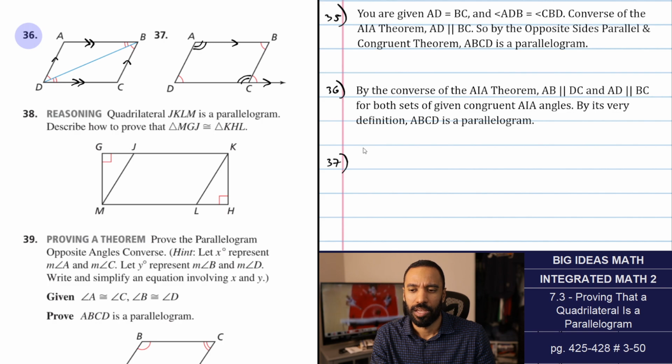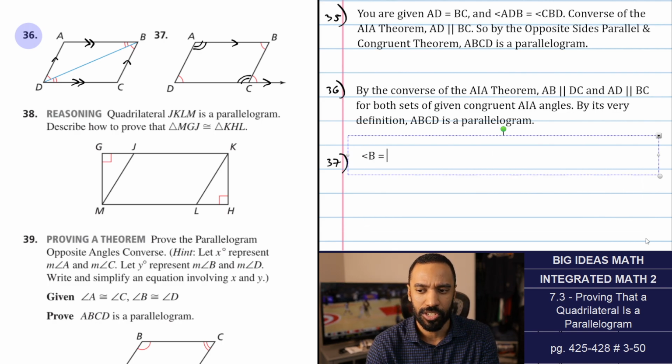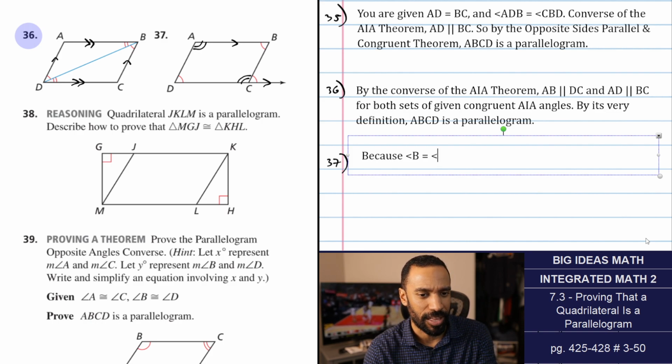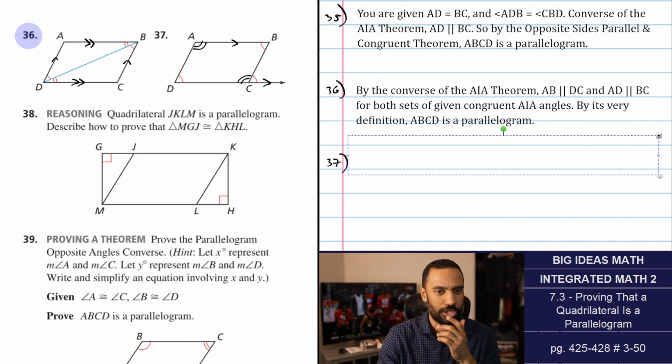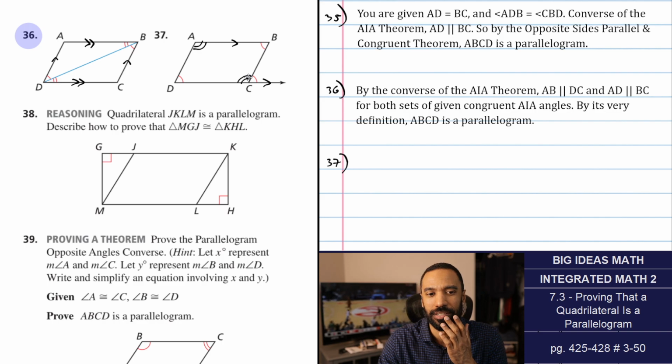So, this time I have to say some letters here. Angle B is going to be, because angle B is congruent to angle B. Oh, but they don't give any letters. Shoot.